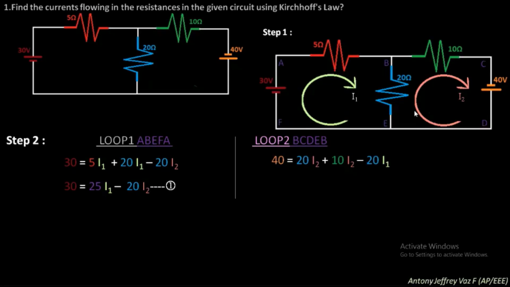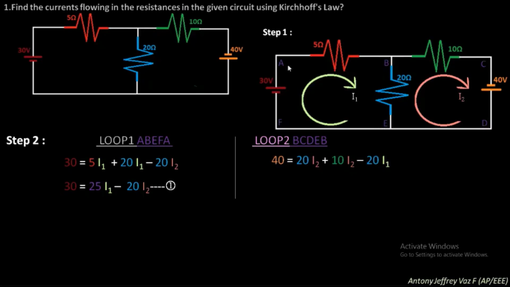Then the next term is minus 20 I1, because with I2 as the reference, the current I2 is flowing from E to B direction, whereas the current I1 is coming from B to E direction. So the current I1 is in opposite phase, and we need to make it minus 20 into I1.